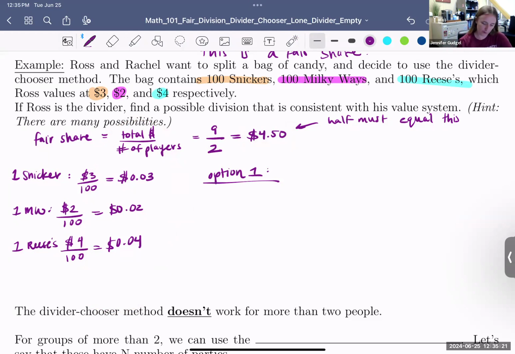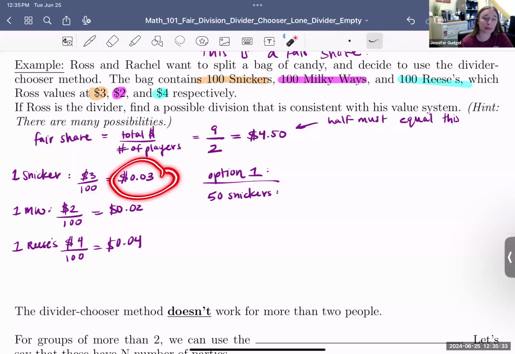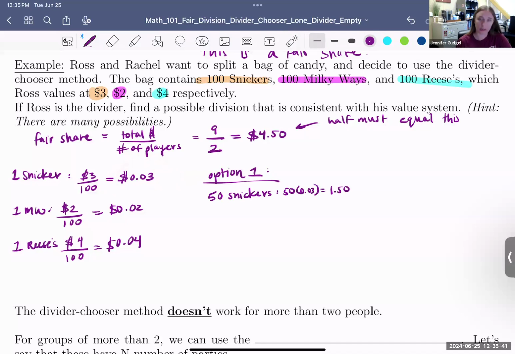I said 50 of these, okay, half of them. If I do 50 of these Snickers, that's worth 50 times 3 cents, which is $1.50. All right, not quite there yet. So this can't be my whole half because $1.50 is not $4.50. Okay, I'm not there yet.